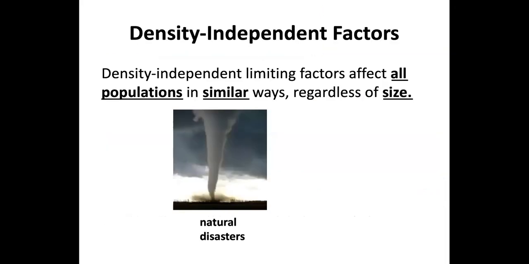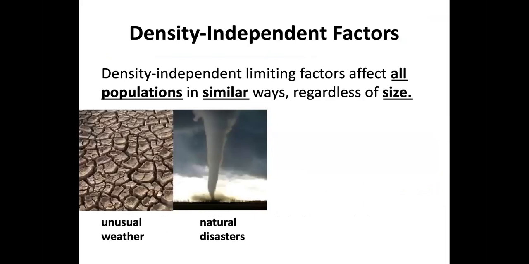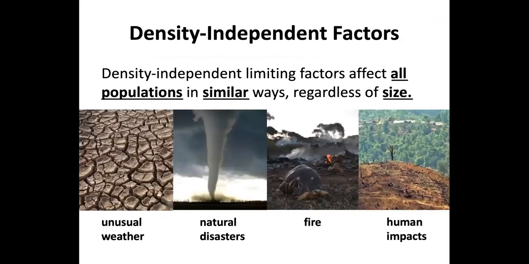Okay, the next piece is density independent factors. These affect all populations in similar ways regardless of the size, because it is independent of the population size. Some examples of this are natural disasters, unusual weather, fires, and human impacts.